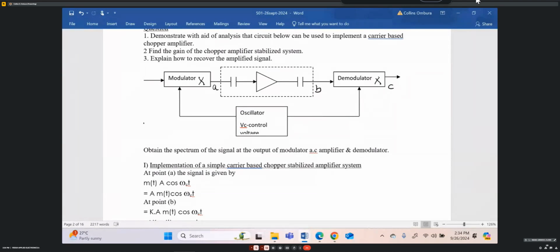Okay, and then we can have this oscillator producing a signal which is A cos omega_c t. And the signal here also will be A cos omega_c t. So omega is frequency in radians per second, and c stands for the carrier frequency.